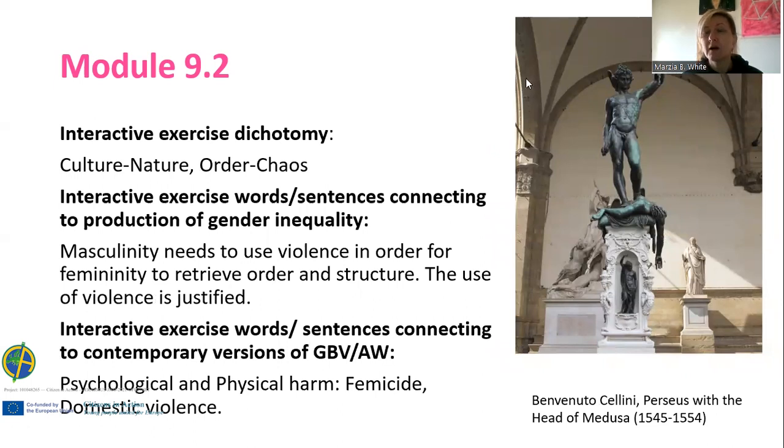This is the sculpture that we already saw, that we knew, and it's about masculinity needing to use violence in order for femininity to retrieve order and structure. So the use of violence is justified.